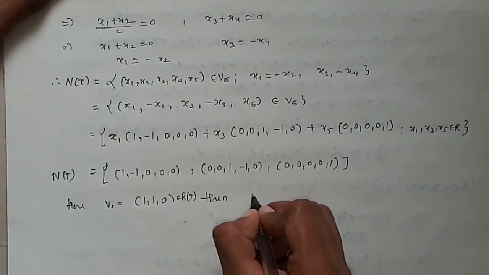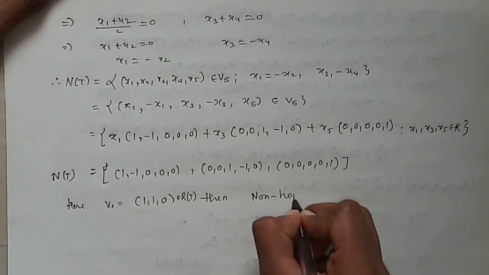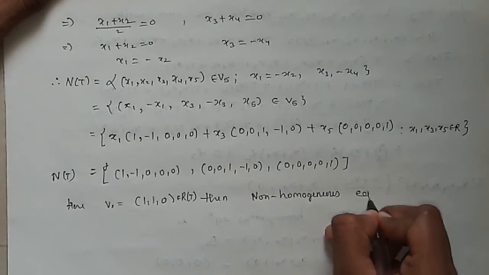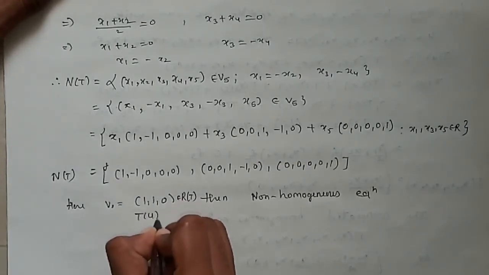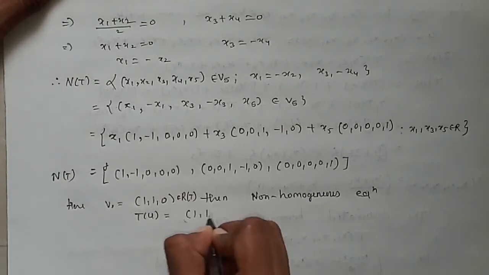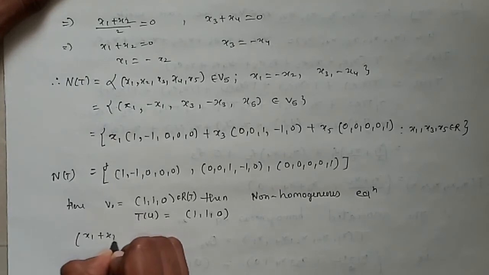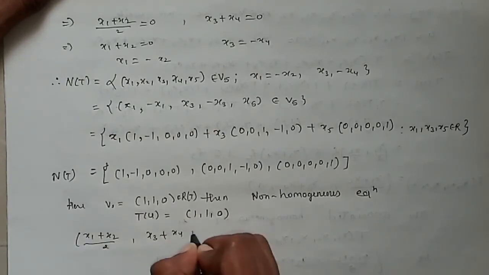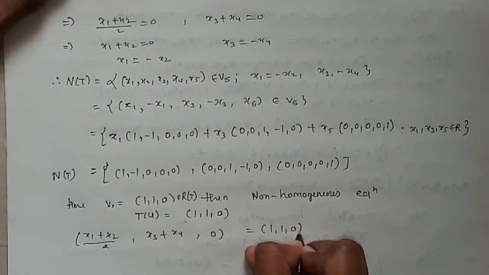Then the non-homogeneous equation, that is T of u is equal to (1, 1, 0). Now T of u is nothing but (x1 plus x2 divided by 2, x3 plus x4, 0), which is equal to (1, 1, 0).